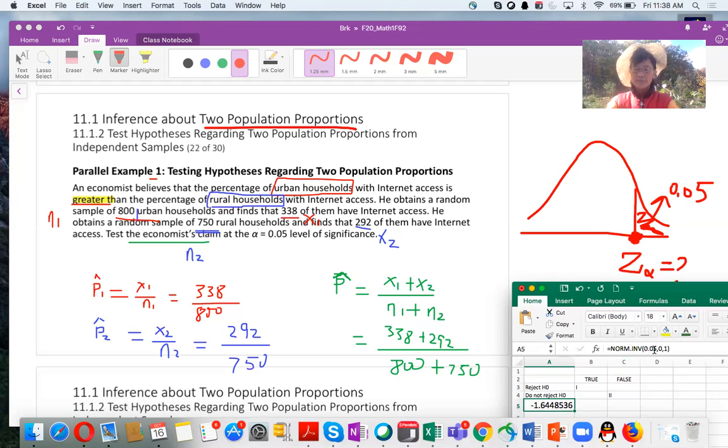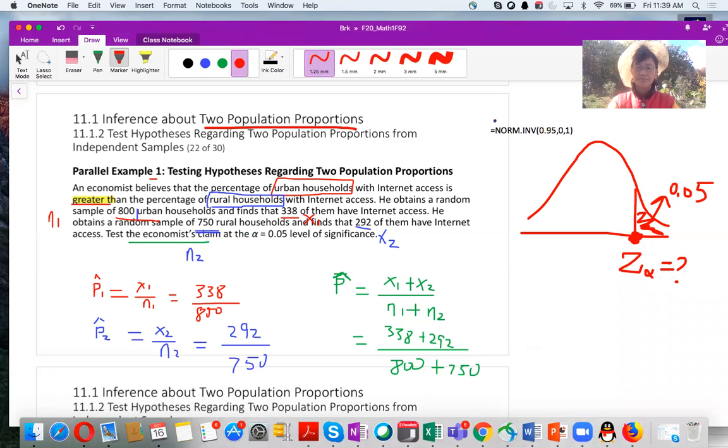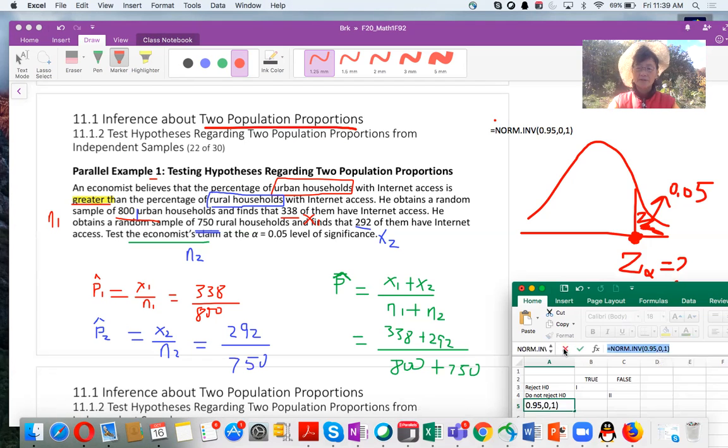The function is based on the area to the left, so instead of 0.05, I need to type in 0.95 as the probability.